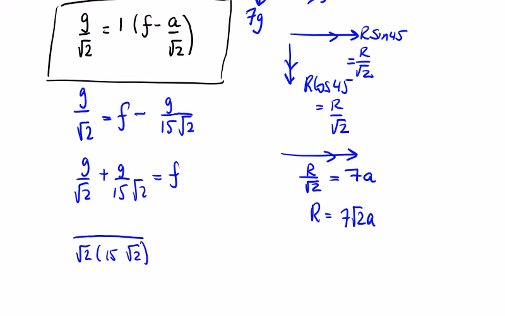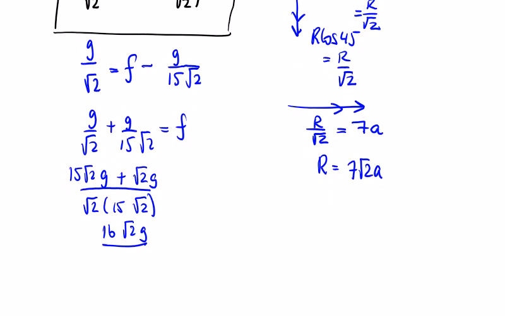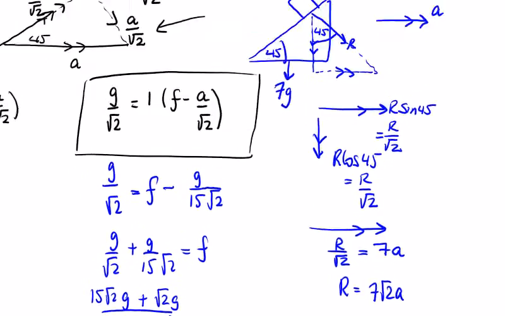Your calculator could just do this for you, but we're going to get 15 root 2 g plus root 2 g. So that's going to be 16 root 2 g divided by 15 times 2, which is 30. So that is equal to 8 root 2 g over 15 meters per second squared. Now, that's not the answer.